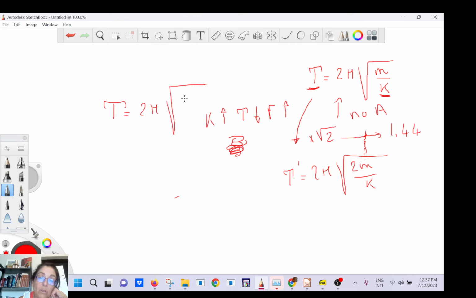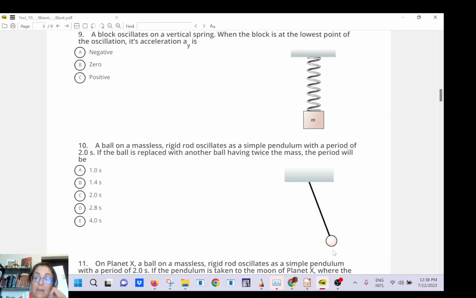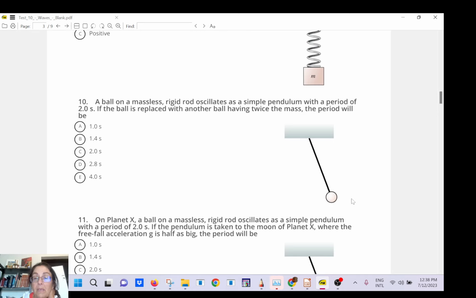So here you have no mass because of Galileo, right? It means that regardless of the mass, the object in free fall, so we neglect friction, will have the same acceleration. So the mass does not matter. So it will keep the same period.